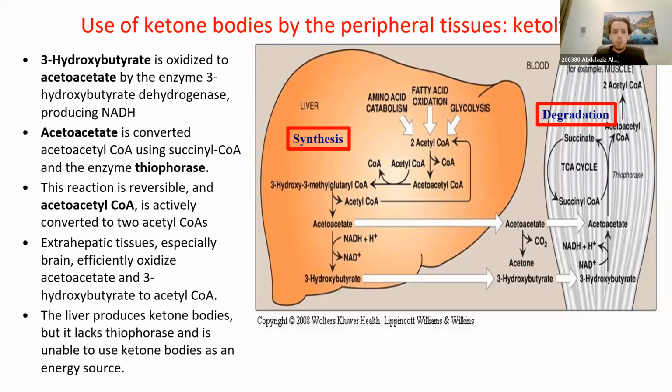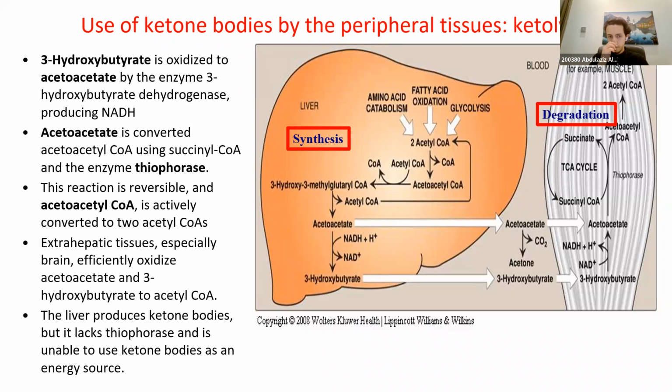Basically, these have thiophorase. I think I said thiolase, my mistake. I meant thiophorase. The enzyme in the muscles and the brain is thiophorase, and it can convert acetoacetate into acetyl-CoA using succinyl-CoA.